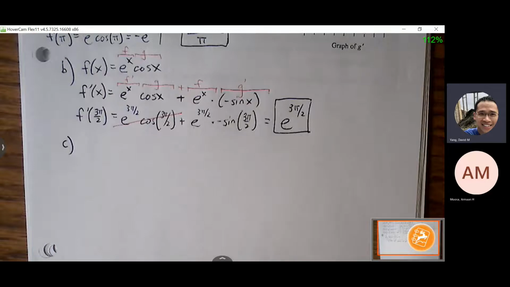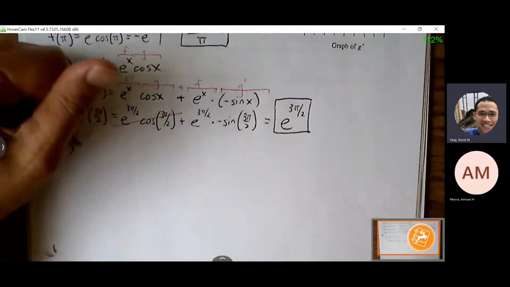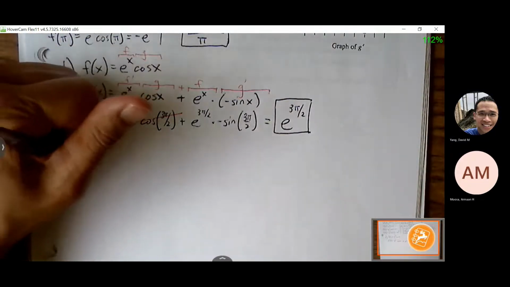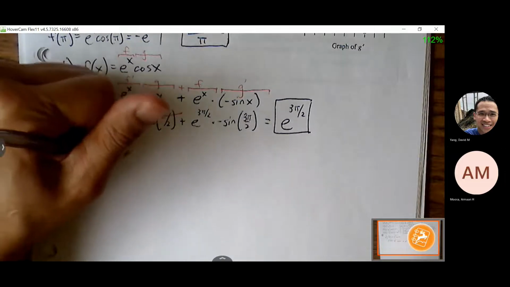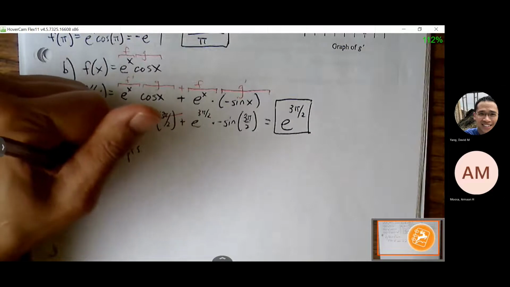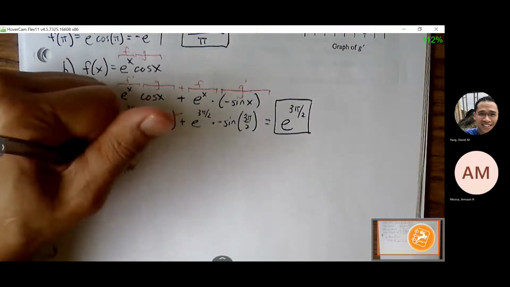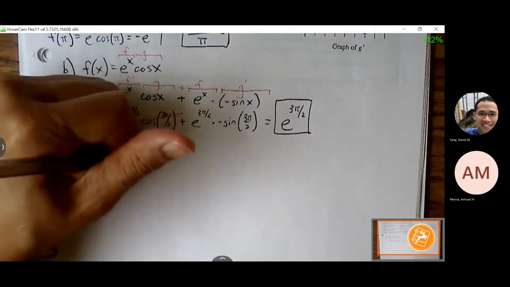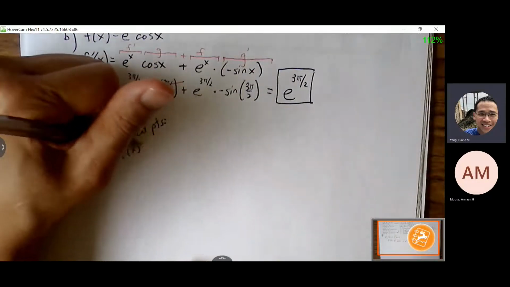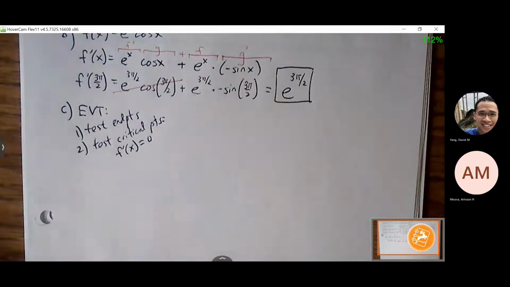But we also need to find critical points, which is where f prime is equal to 0. Critical points means set f prime equal to 0 and solve for x.